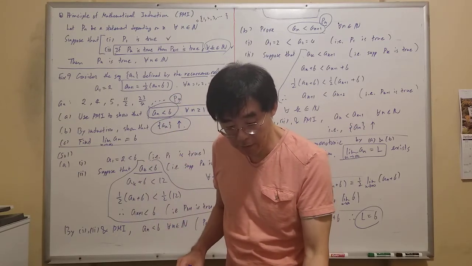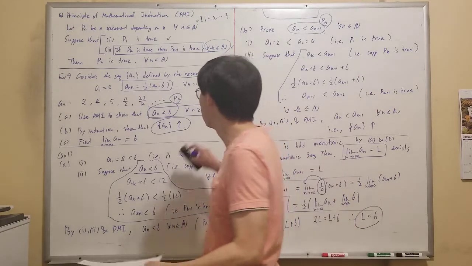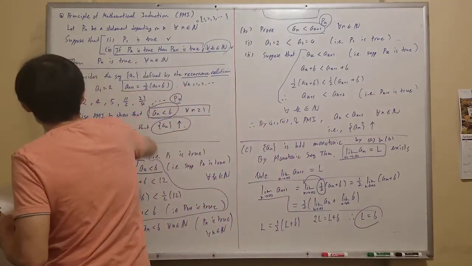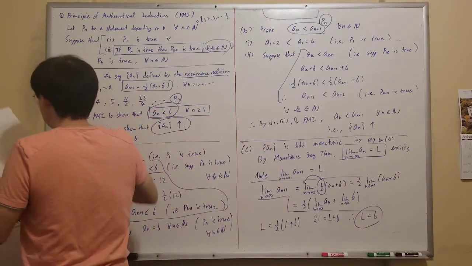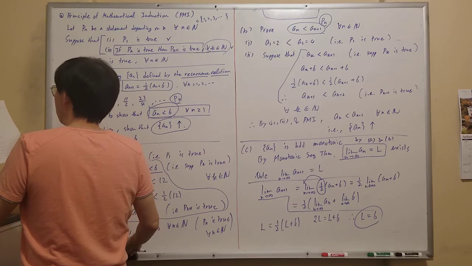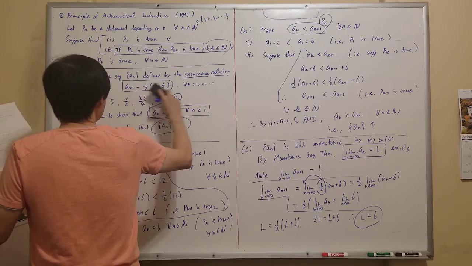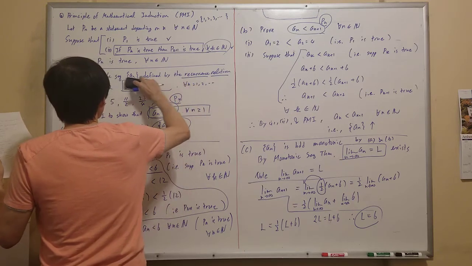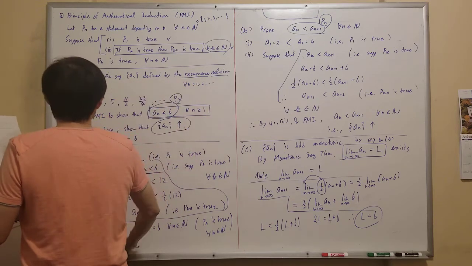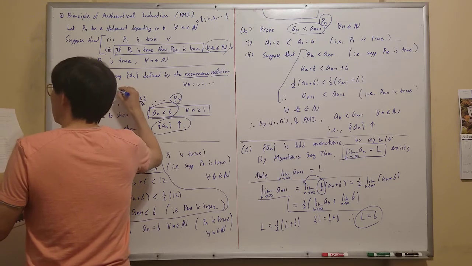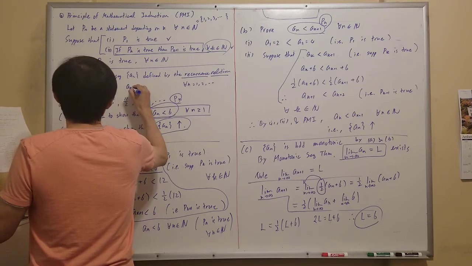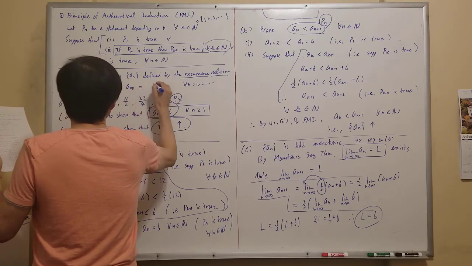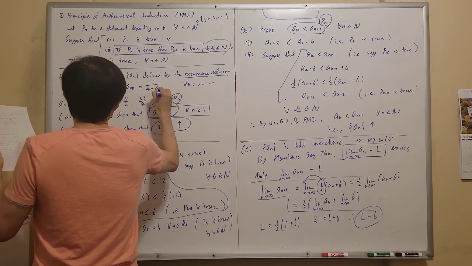Let's do example 10, which will be the last example of this section. Example 10. Consider the sequence a_n defined by a_1 equals 1 and a_{n+1} equals 1/(4 - a_n).